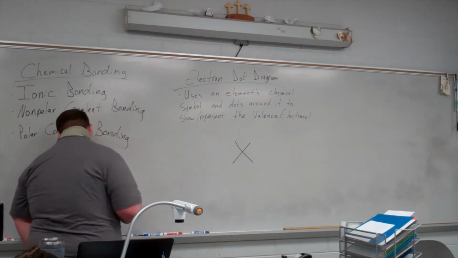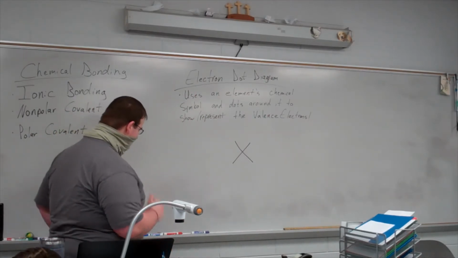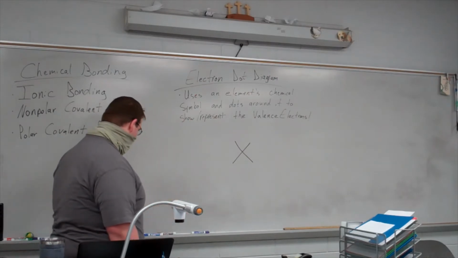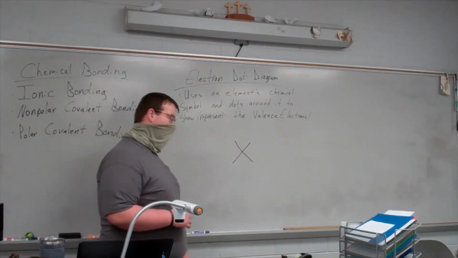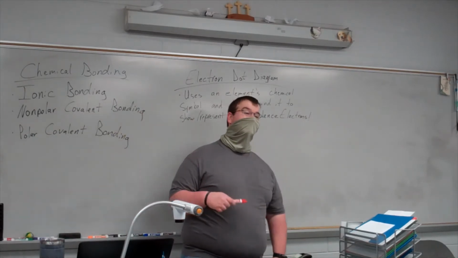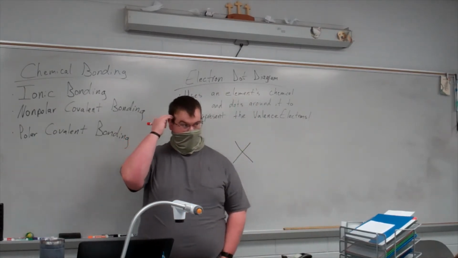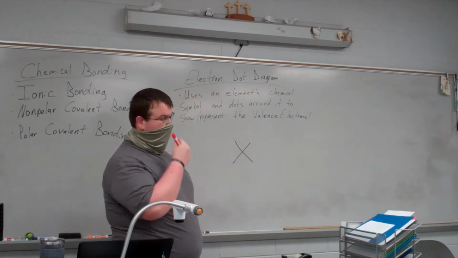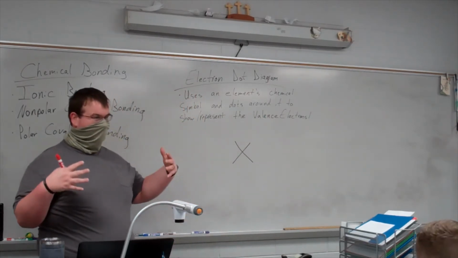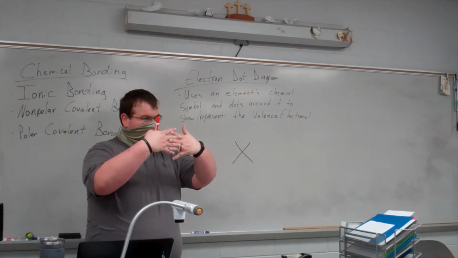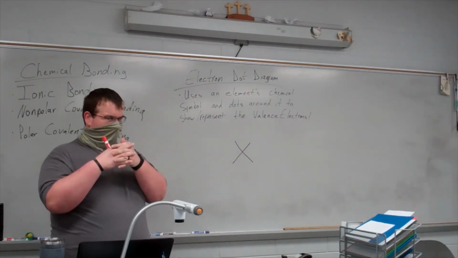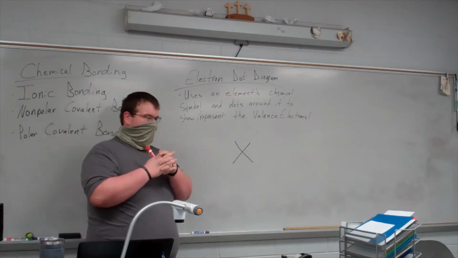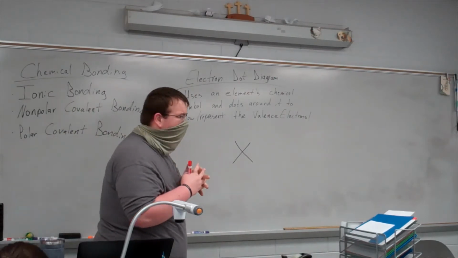There's a very distinct pattern you must follow whenever you are laying out electron dot diagrams. The reason behind this is Hund's rule. You know how Mr. Hall told you in his class, everything comes together, and once you learn it, you must always remember it, because all is fair game.